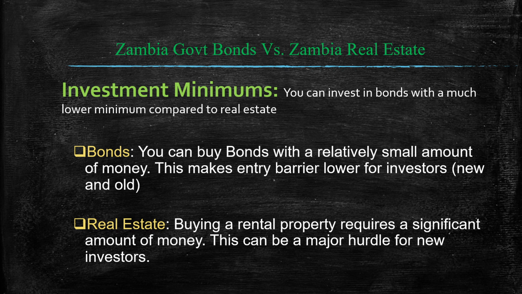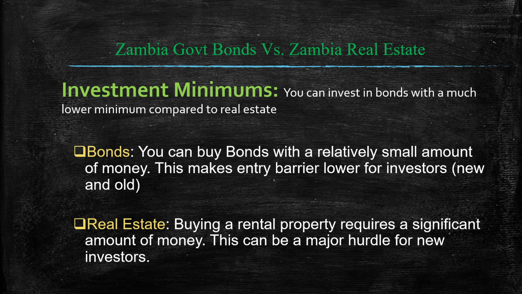Real estate, on the other hand, you need quite significant amounts of money to buy real estate that will give you the same amount of monthly income as you will get in a bond. So this makes getting into real estate a really major hurdle for new investors.